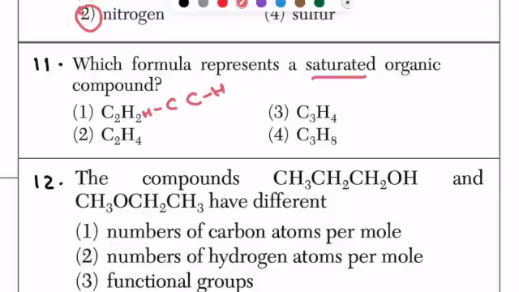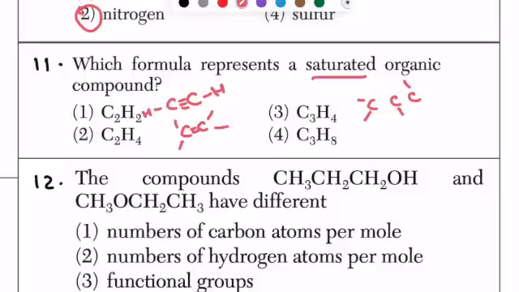So in order for each carbon to have 4 bonds, they need to have a triple bond among themselves. The second one also has 2 carbons but 4 hydrogens now, so they should have a double bond. The third one has 3 carbons and 4 hydrogens, so maybe one of them has 2 hydrogens but the other 2 only have 1 hydrogen.